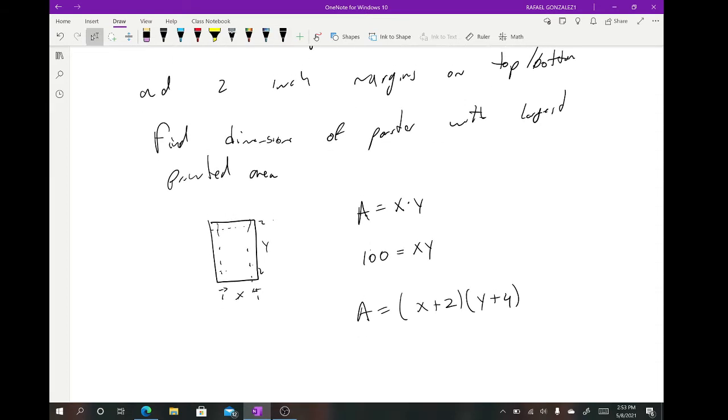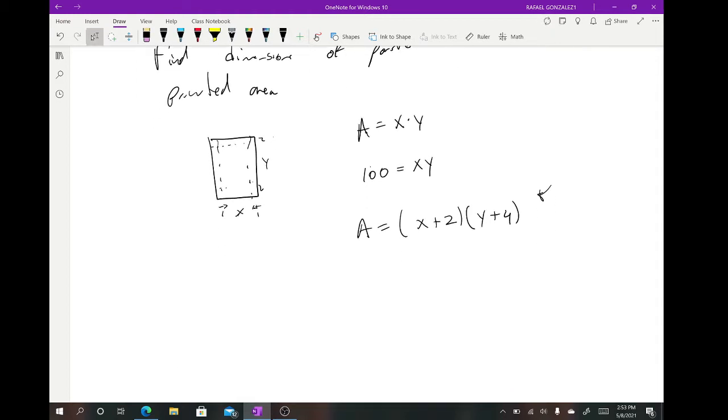Now, what happens here? Well, I have a function of 2 variables and I want to work with a function of 1 variable because it will make my life easier, and I have to optimize this. So what I will do is I will solve for one of the variables here. In my case, I'll solve for y, so I could just work with x's, and then I'll substitute back into this function down here. So I have 100 equals x times y. That means that 100 over x is equal to y. So this piece becomes x plus 2 times 100 over x plus 4.